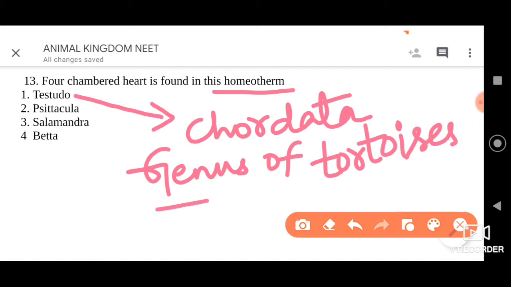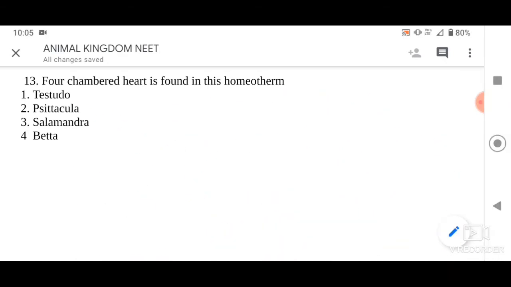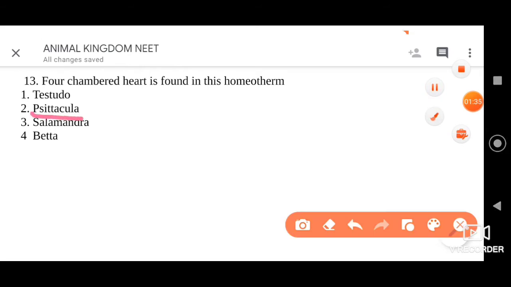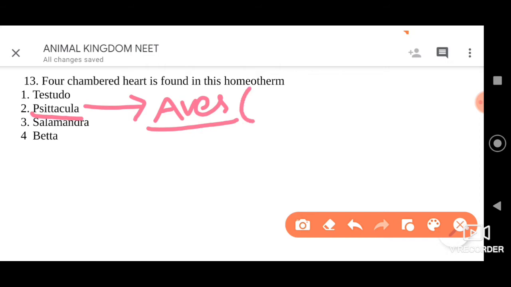These Testudo genus of tortoises can be present in North Africa, Western Africa, and also in Europe. So remember, these are chordates. Now moving on to the second option, Psittacula. This Psittacula belongs to the class Aves. So we can say that it is a bird.